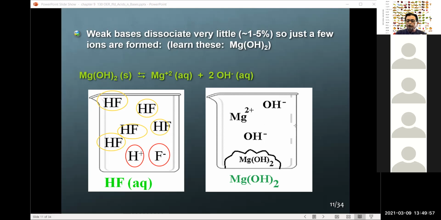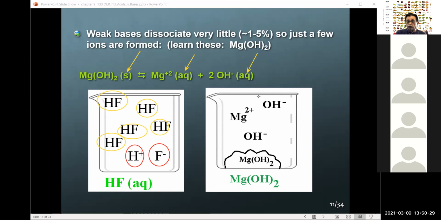When you are working with ionic compounds that are not soluble or not very soluble, we draw them as follows. Notice the equation that you see up here. Let me highlight a couple of things. Notice the state of magnesium hydroxide to begin with, (s), solid. Notice the state after it's dissociated, (aq), aqueous, meaning they're in solution.